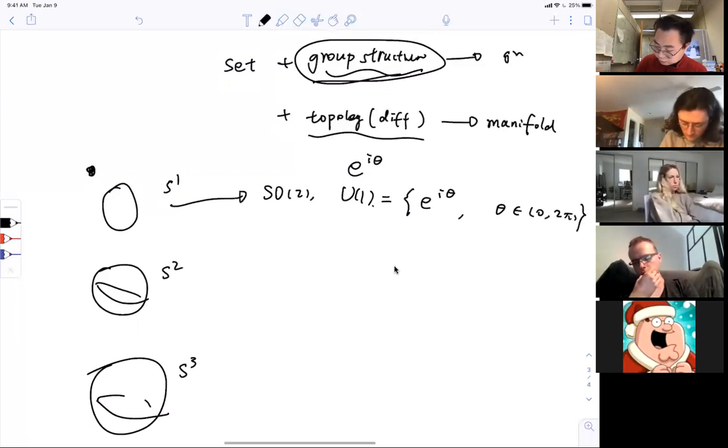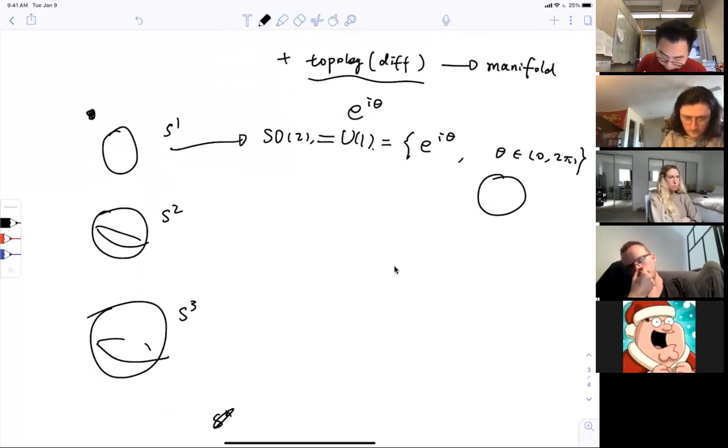You can say the manifold is a circle, which is why we say they're the same. For the 3-sphere, we can also add a group structure and make it a group, which is known as the SU2 group.